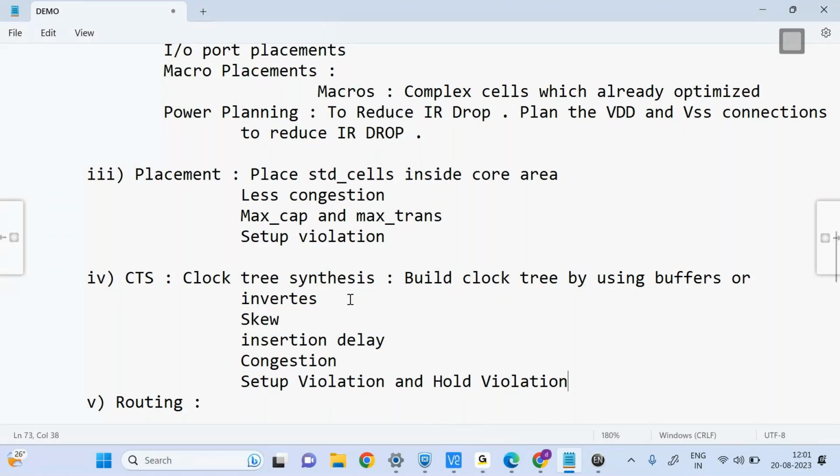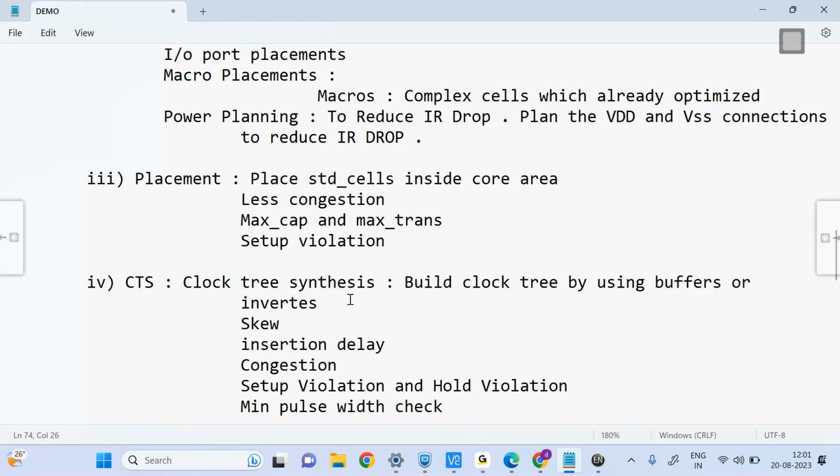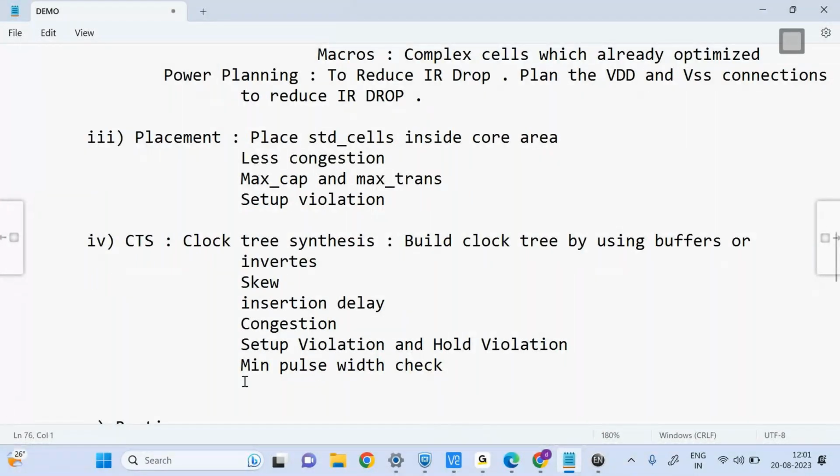We have to do minimum pulse width check, whether the clock signal is having minimum pulse width or not. We have to do max cap and max transition check. All these checks we have to do.